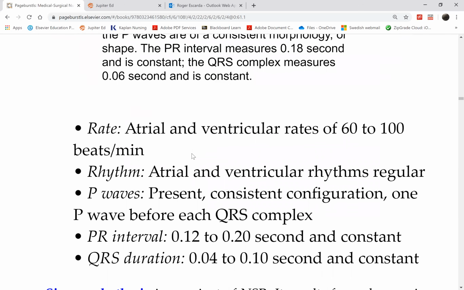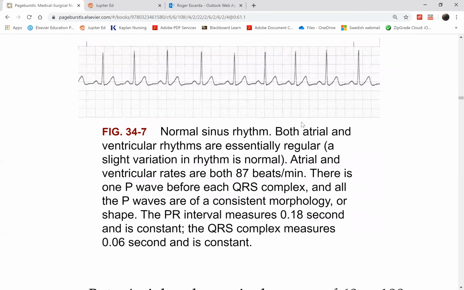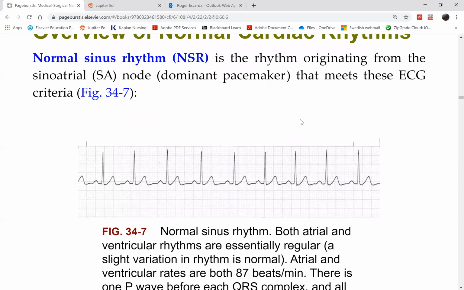So the third step, we need to look at the heart rate. There are several methods to measure the heart rate. The basic one is to count how many heartbeats there are. We said earlier that a complete heartbeat, lub-dub, S1, S2, would be a PQRST. So if you have a PQRST, that's an entire cardiac cycle.